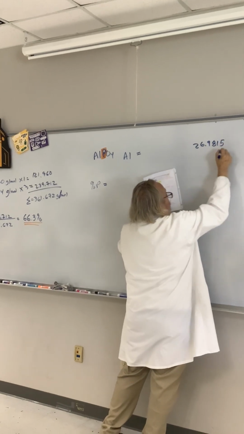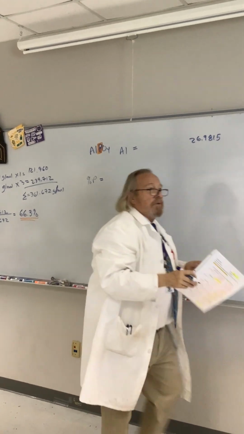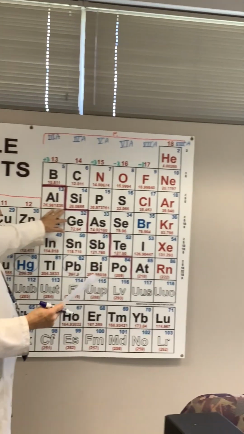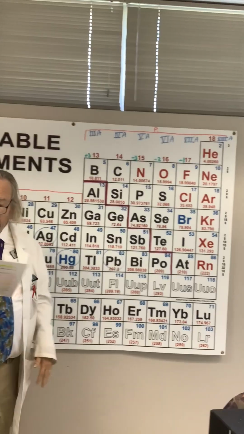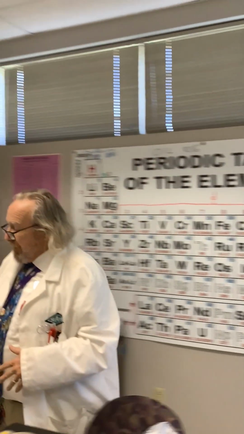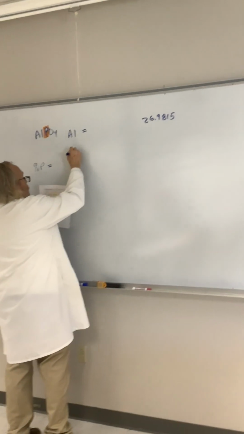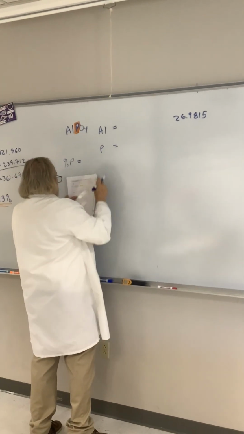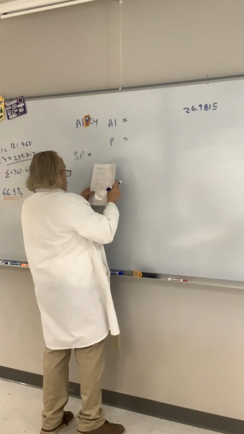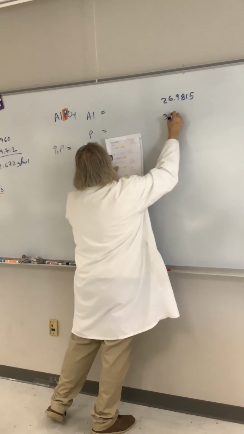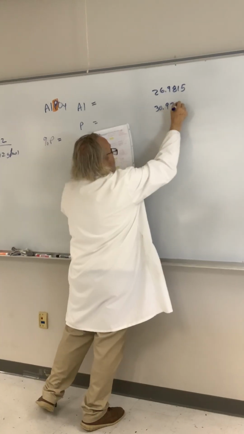So, aluminum is 26.9815 grams per mole. Your mileage may vary. Here it's 26.981538. The one I looked up had 9815. And then we have phosphorus, which is about 32. No, not 32, 31, right? It's equal to 30.9738.